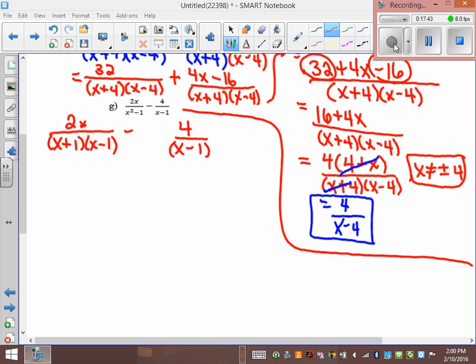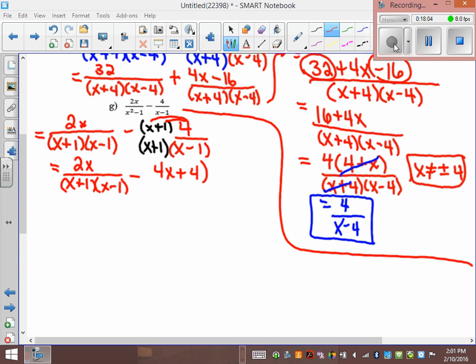And then this one needs an x plus 1. So you get 2x over x plus 1, x minus 1, minus 4x plus 4 over x plus 1, x minus 1.